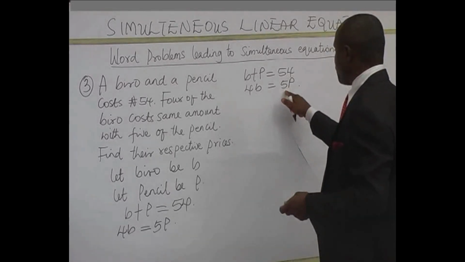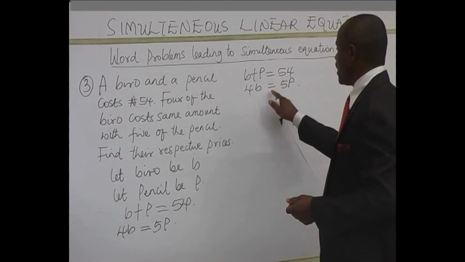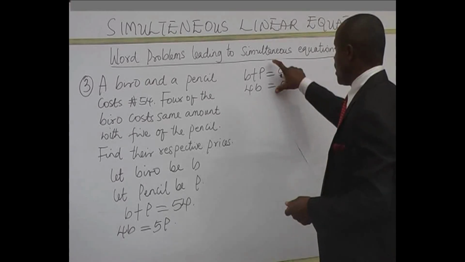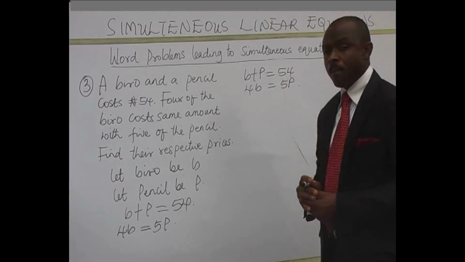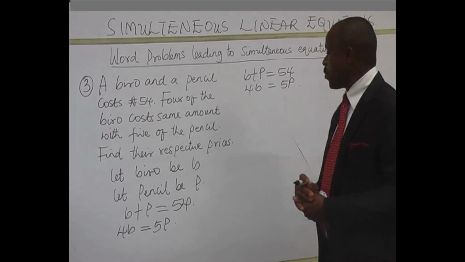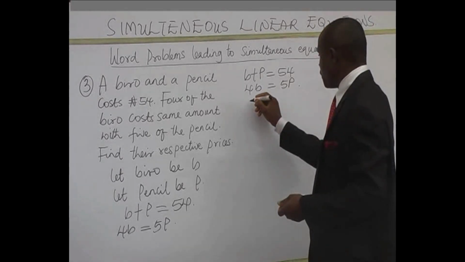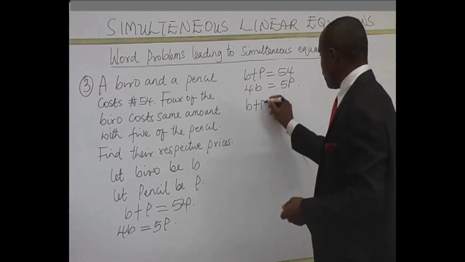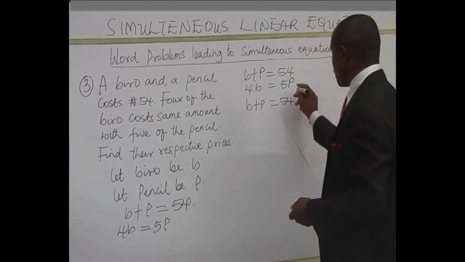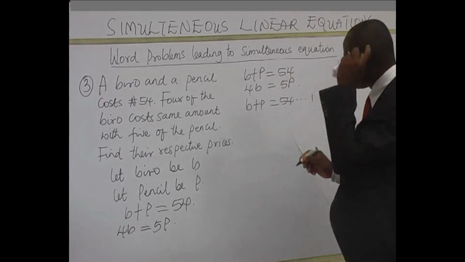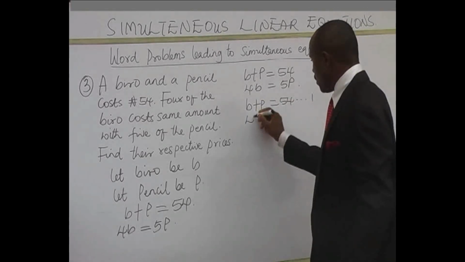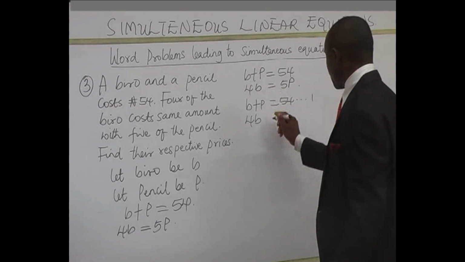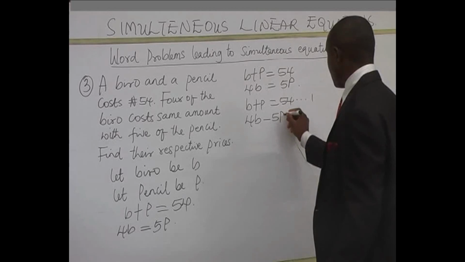You are going to bring 5P to this side of the equation and leave only 0 on the right hand side so that it will be a correct form of the simultaneous equation. That is going to lead you to first equation being B plus P is equal to 54. This one, equation 1. Then equation 2 is 4B. 5P leaving the right hand side of the equation and coming to the left hand side, we change to minus 5P.